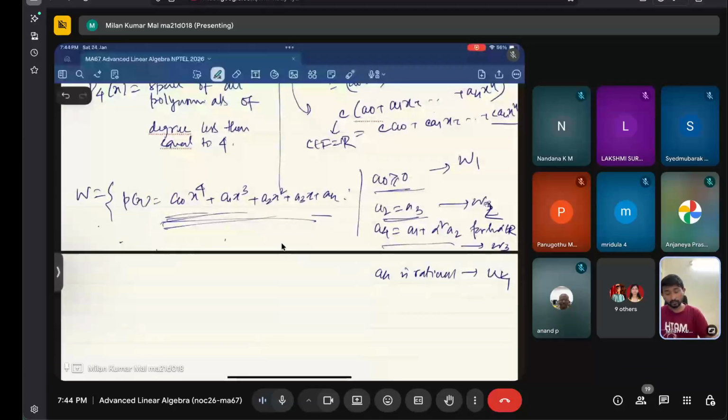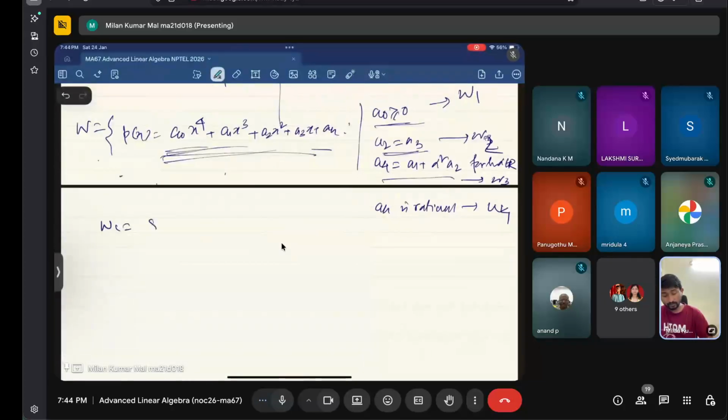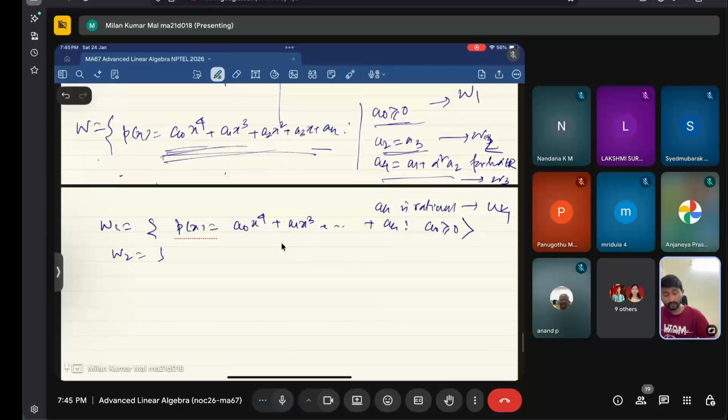Basically, W1 is just the set of P(x) equal to A naught x to the power 4 plus A1 x cube plus, all the way, A4, such that A naught is greater than or equal to 0. This is W1. W2 is the set of P(x) equal to A naught x to the power 4 plus A1 x cube plus, all the way, A4, such that A2 equals A3.